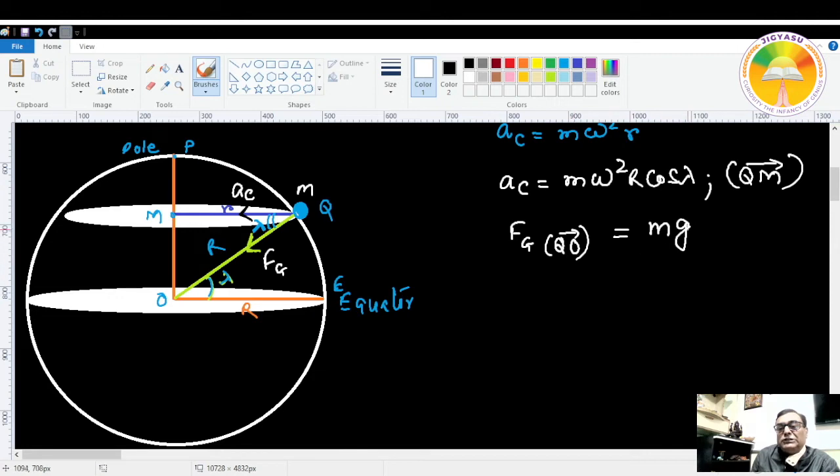But the actual weight of the body is being affected because part of it is being eaten up to provide the required centripetal force. So a modified resultant force Fr will come into play. Fr will be Fg, the gravitational pull, minus the component of, if I put m, Fc.